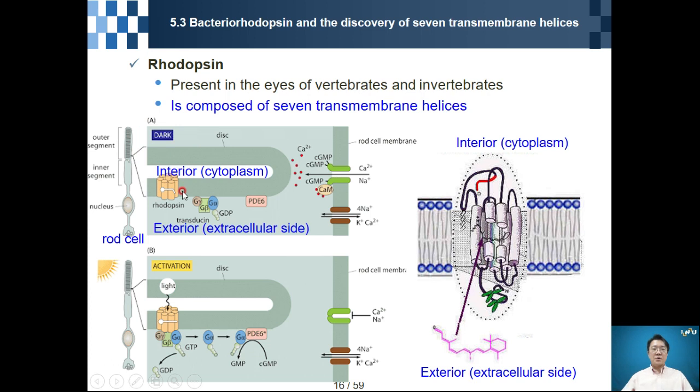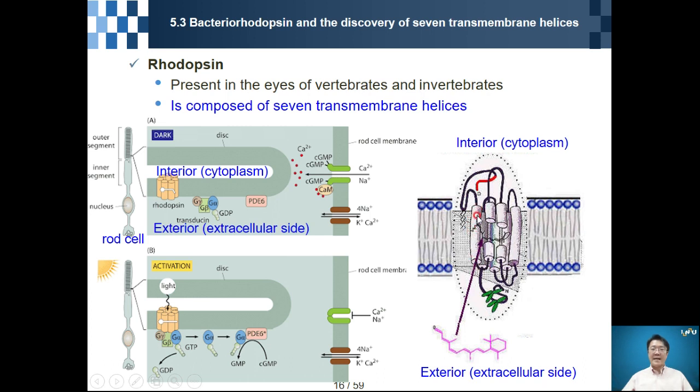Okay, so rhodopsin is also composed of 7 transmembrane helices. This is the rhodopsin structure. They also have 7 transmembrane helices, and finally the retinal is attached to the G helix, the 7th helix.